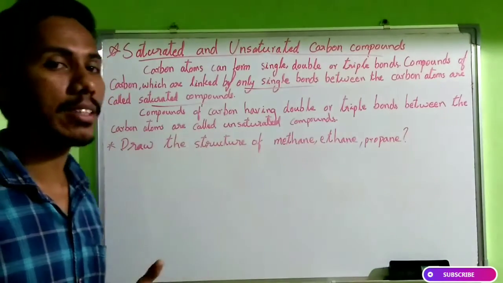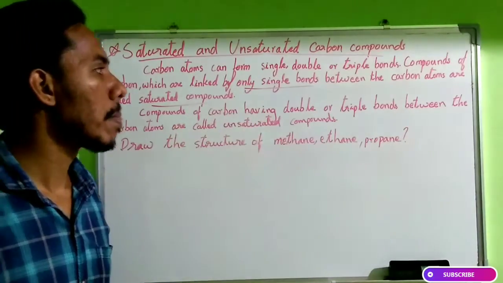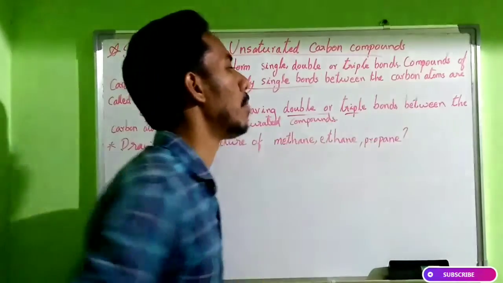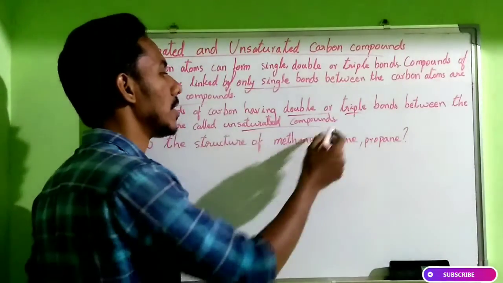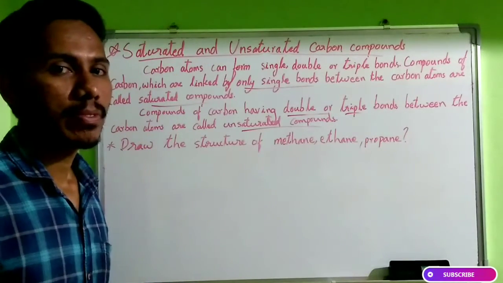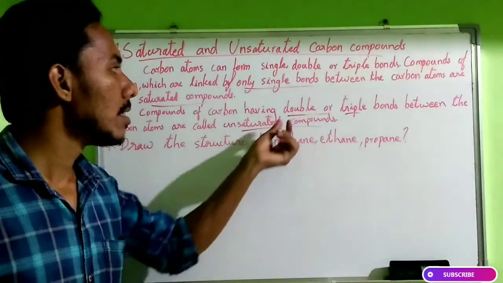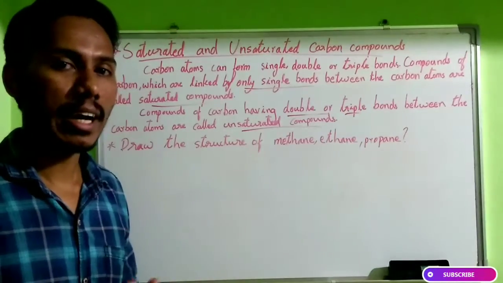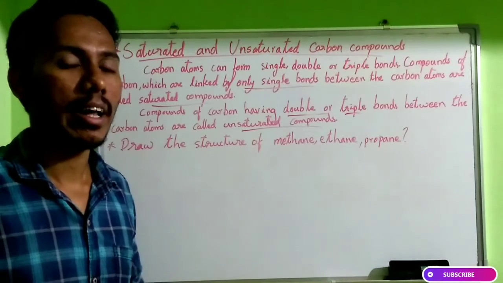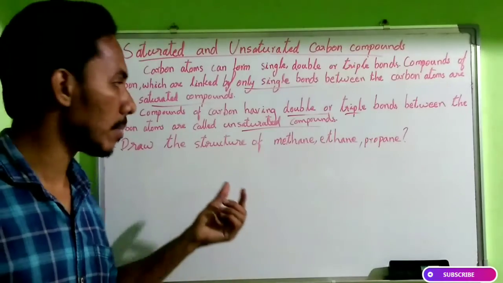Before that, what is an unsaturated compound? Compounds of carbon having double or triple bonds between the carbon atoms are called unsaturated compounds. If a compound of carbon atoms contains a double bond or triple bond, then we can say that compound is an unsaturated compound. Let us check some examples.